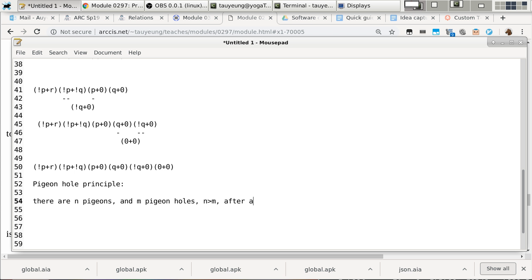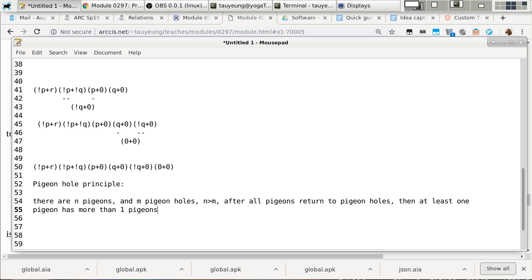So after all pigeons return to pigeonholes, then at least one pigeonhole has more than one pigeons. That's one variation of the theorem, but it suffices. Does that make sense?